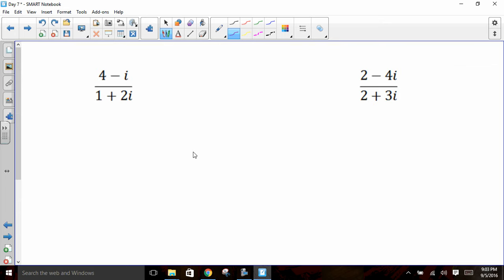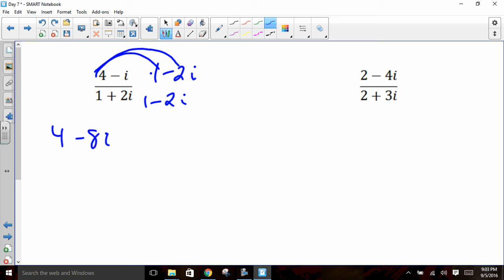All right, for these last two, I will get you started, but I want you to pause the video, work through it on your own, and then unpause the video to check your answer. So you should know that we're going to multiply by the opposite of the bottom, so 1 minus 2i over 1 minus 2i. 4 times 1 is 4. 4 times negative 2i is negative 8i.